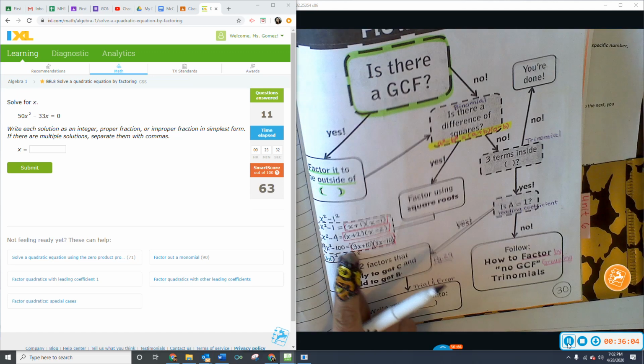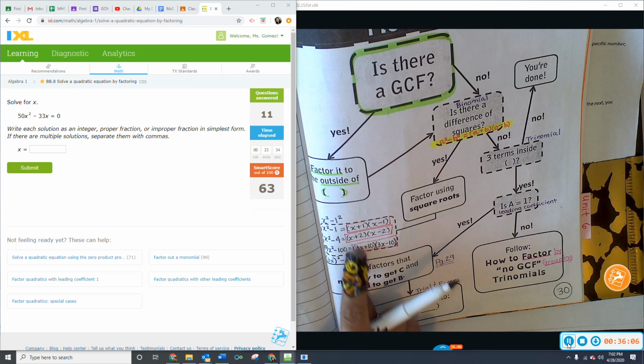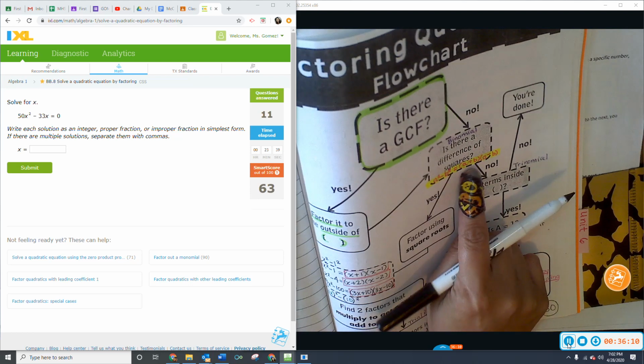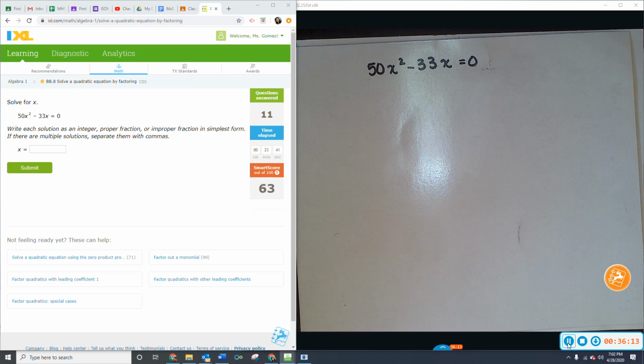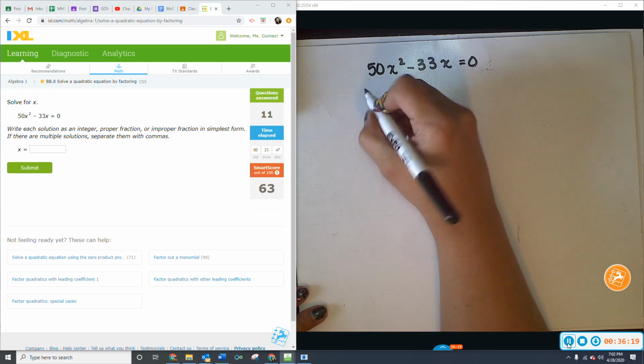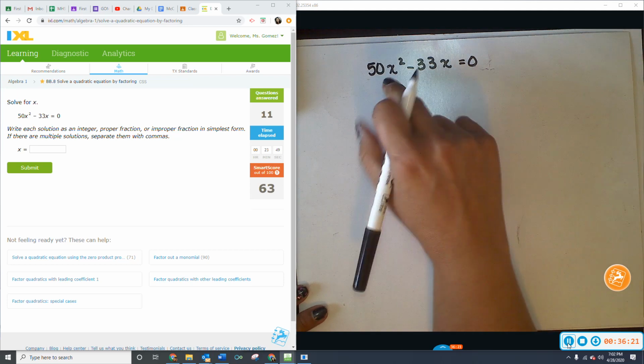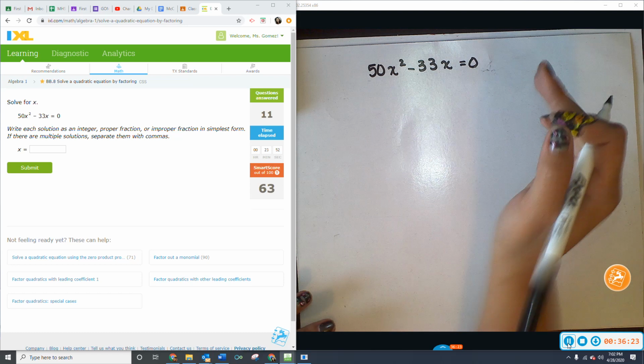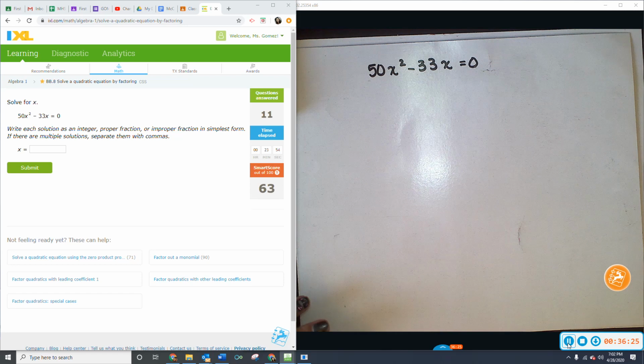If we had the difference of squares, which we do not in this case, because 50 is not a perfect square, neither is 33. But they do both have x in common, so let's go ahead and factor that out. I'm sorry. They do not have a numeric GCF, but they do both have x in common.